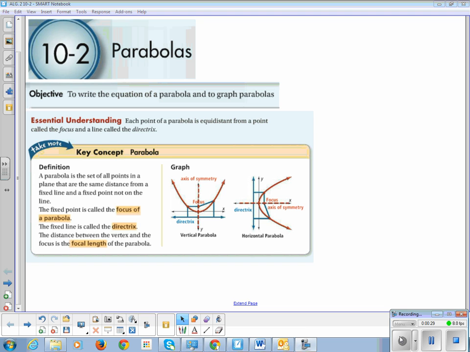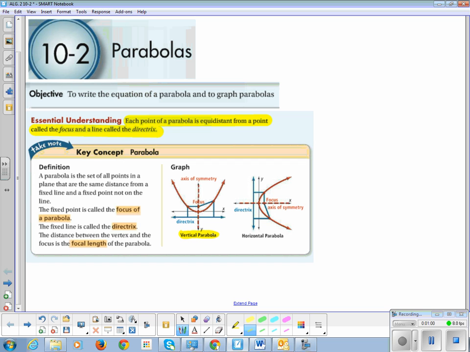So each point of a parabola is equidistant from a point called the focus and a line called the directrix. Here are the parabolas we've been dealing with in algebra and geometry. This is a vertical parabola.